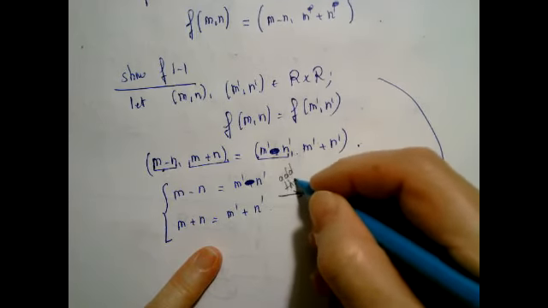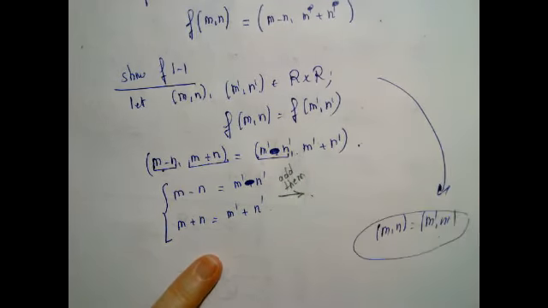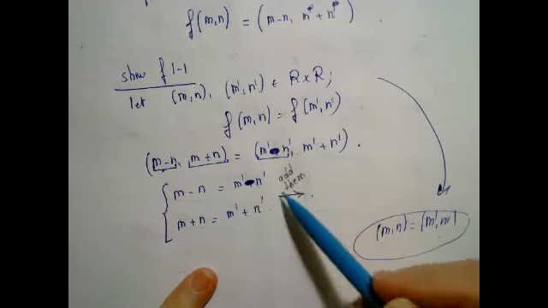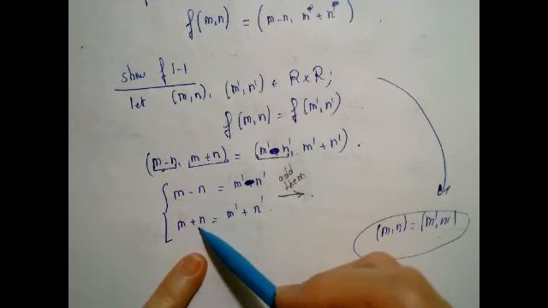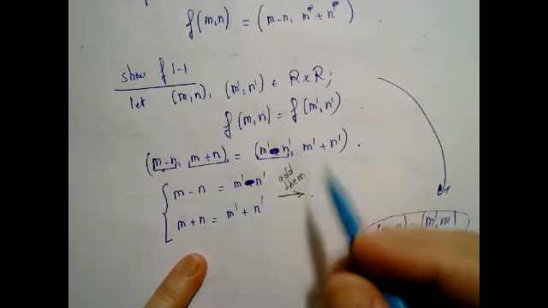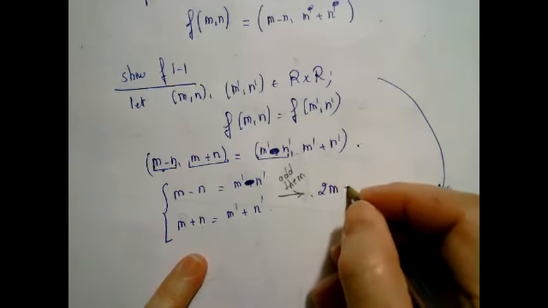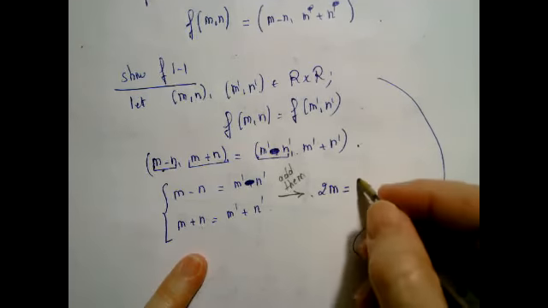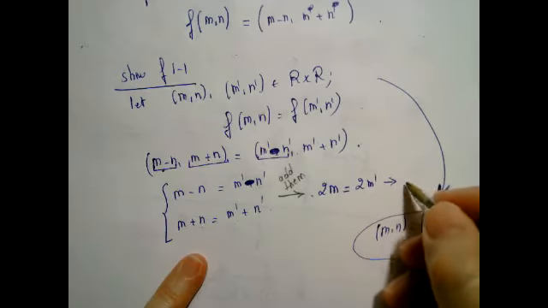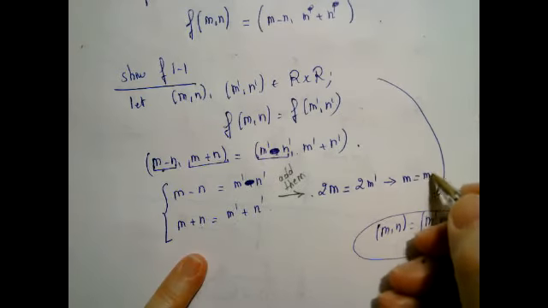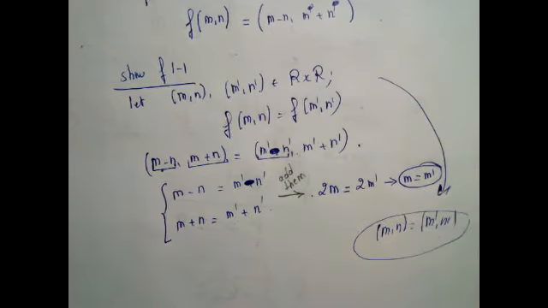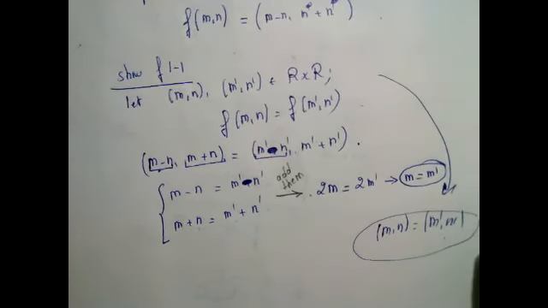One approach: add them. What do we get? If we add them, minus n plus n cancel each other. We get 2m equal to 2m prime, which means m equals m prime. So one way you can do it is by really adding them.